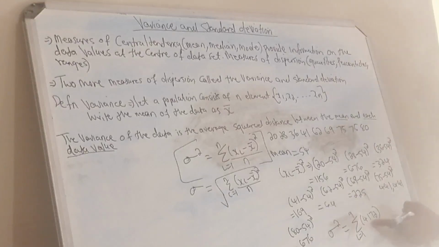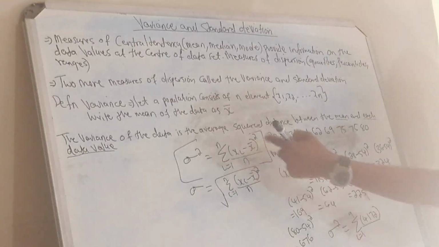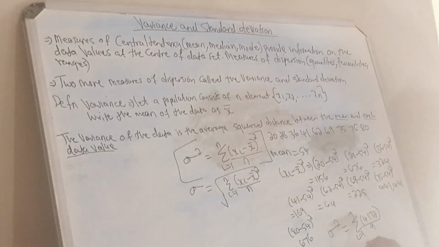Then we divide by the number of elements, which is 9. 4172 over 9 gives 463.56 as the value of the variance.